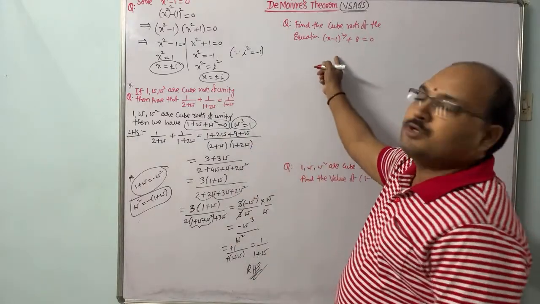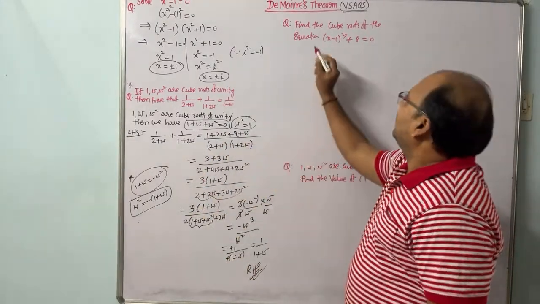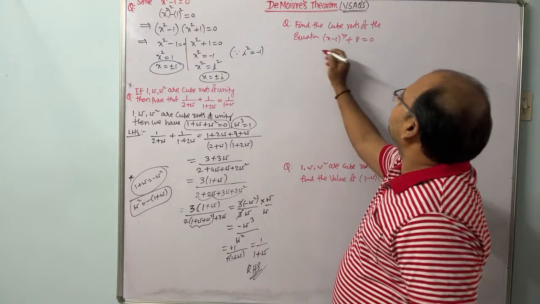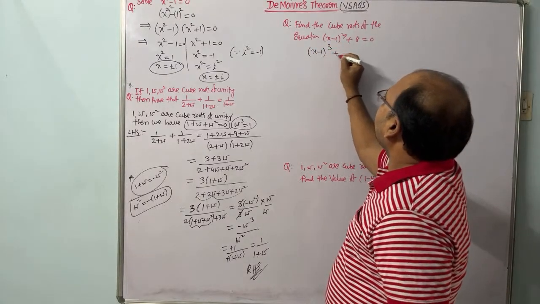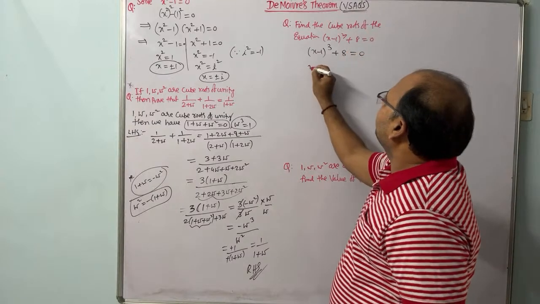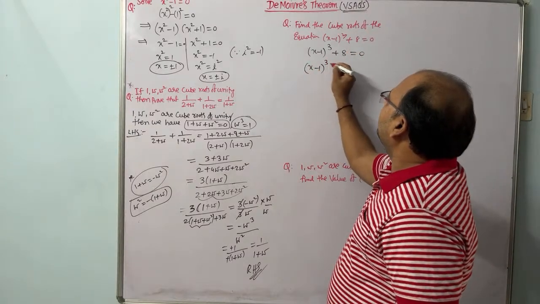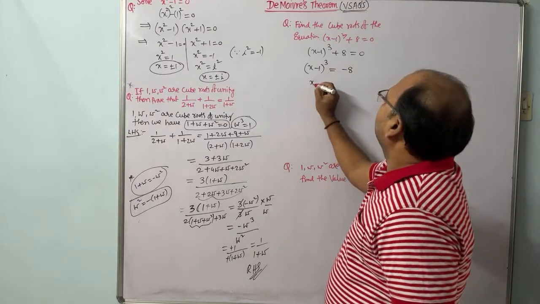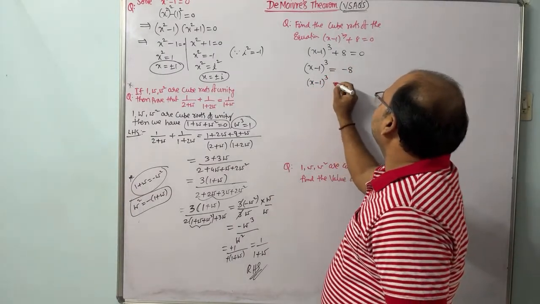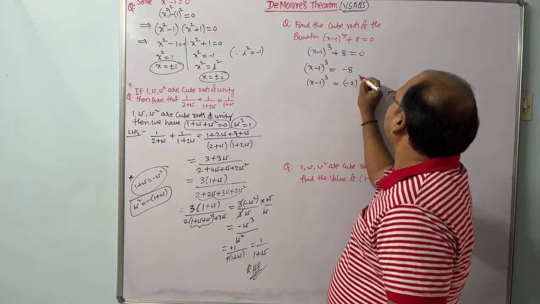Okay, now come to another question. Find the roots of this equation. The given equation is (x minus 1) whole cube plus 8 equal to 0. (x minus 1) whole cube equal to minus 8, which is minus 2 whole cube.